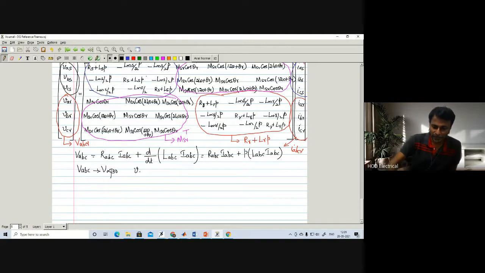The variable V alpha, V beta, V naught, whether it may be voltage or current, whatever it is, is nothing but root 2 by 3 times the matrix: 1, minus 1 by 2, minus 1 by 2; 0, root 3 by 2, minus root 3 by 2; 1 by root 2, 1 by root 2, 1 by root 2; into I alpha, I beta and I naught.